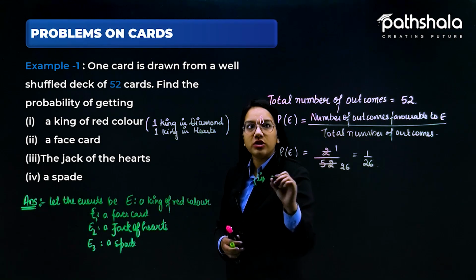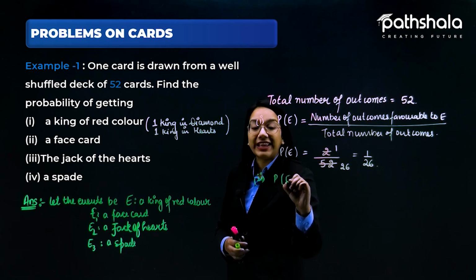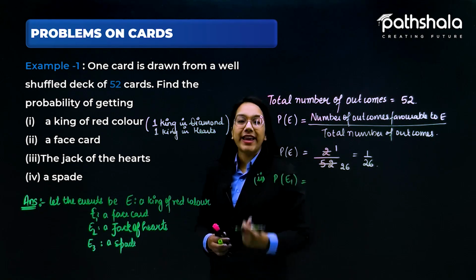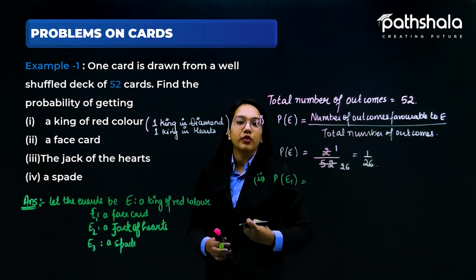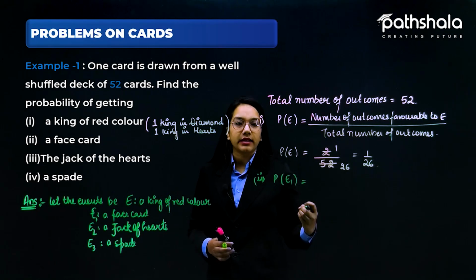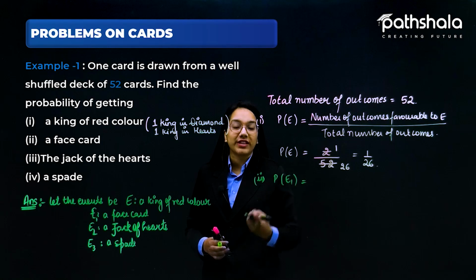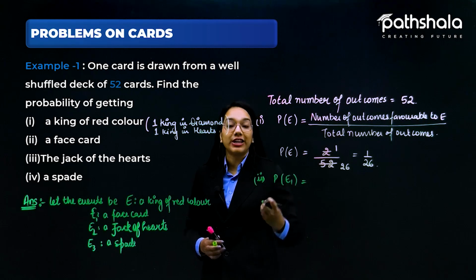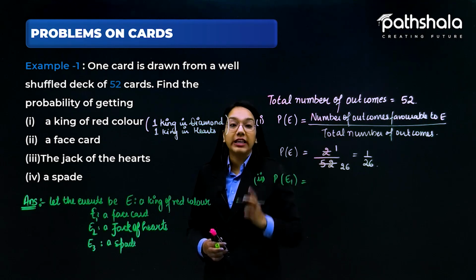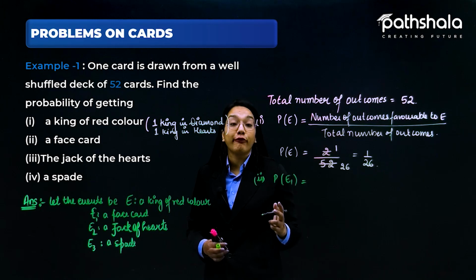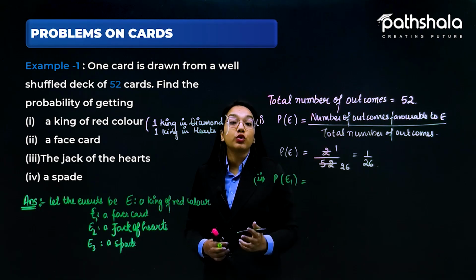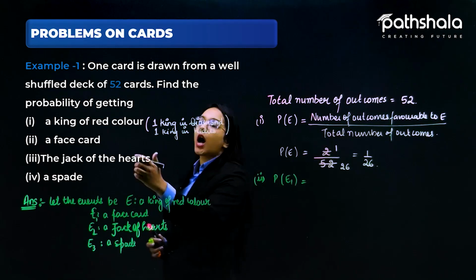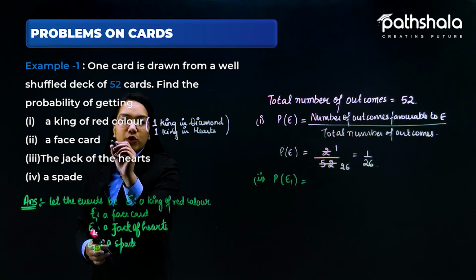In the second one, we have to find the probability of getting E1. E1 means a face card. How many face cards are there? A king, a queen and a jack are called face cards, and in each suit we have 3 face cards, and in total we have 4 suits. It means we have a total of 12 face cards. We already know this from the introduction of the playing cards.